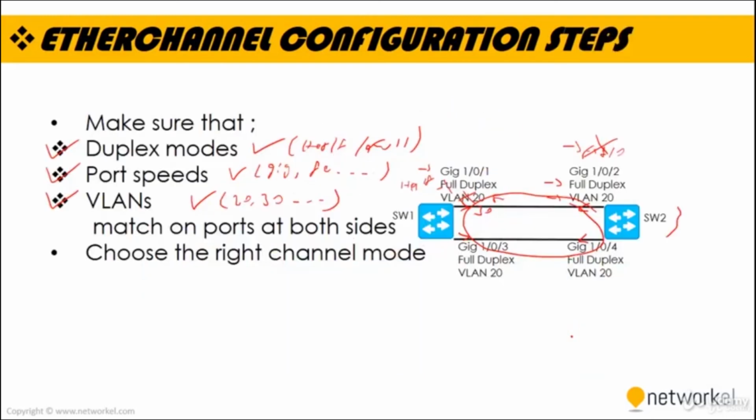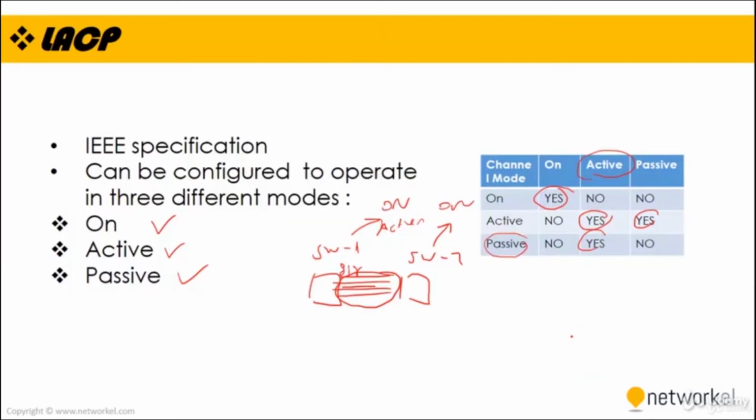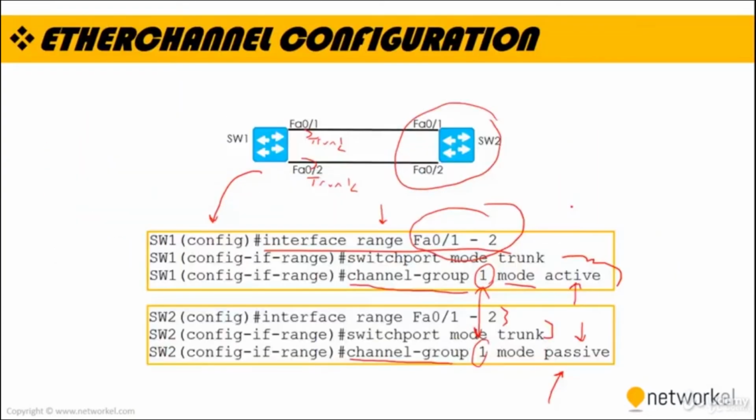As you can see in here, if I'm choosing active, I need to use active or passive to create the EtherChannel, and I cannot use on. Going back to my scenario, to create an EtherChannel, we are using active on this side and passive on the other end. I should not use on for this end.